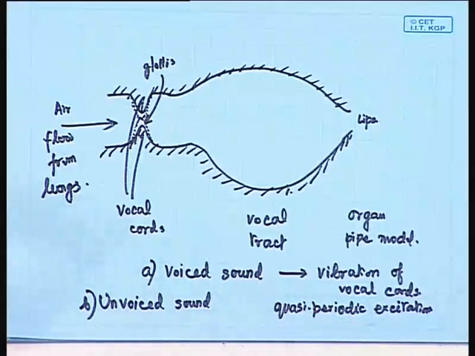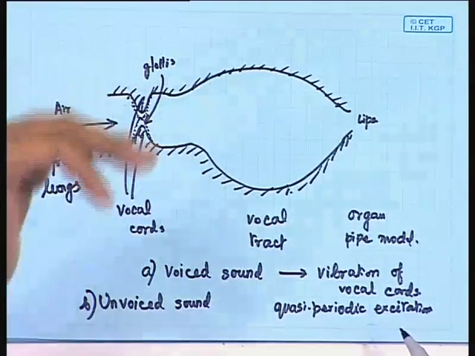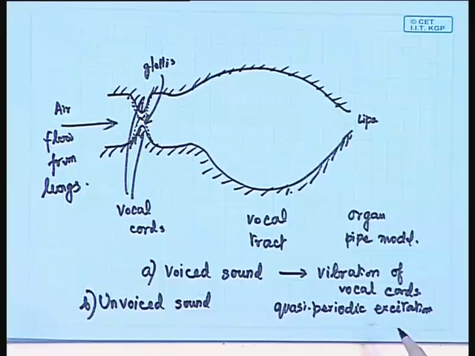Now, unvoiced sounds are not produced as a result of the vibration of vocal cords. We would imagine that for moments when the vocal cord makes an opening into the glottal passage, there you have a constant airflow that can take place.